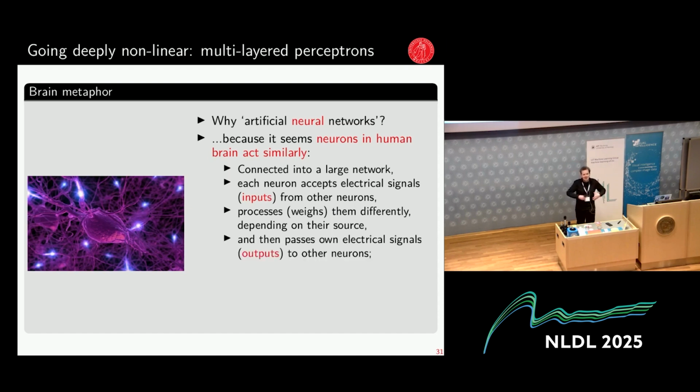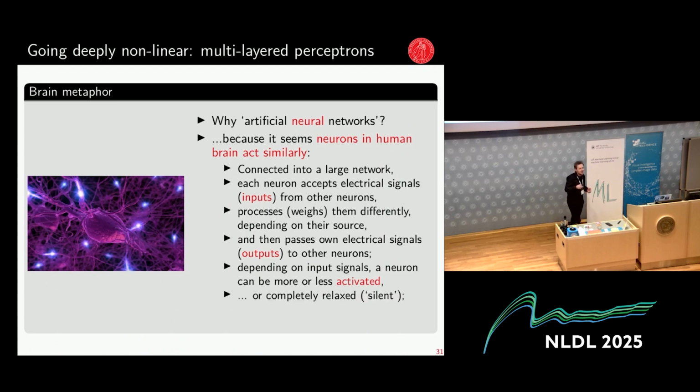And then it passes its own signals to other neurons. And then it all works like some sort of a network, right? And depending on the strength of the input signal, the neuron can be more or less activated. Again, of course, this is a very strong simplification of how our brain functions, but that was the idea back then, at least.